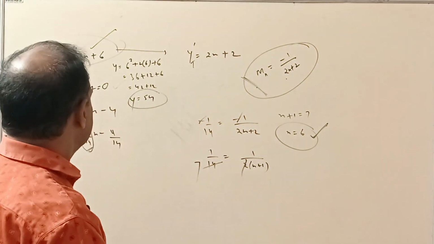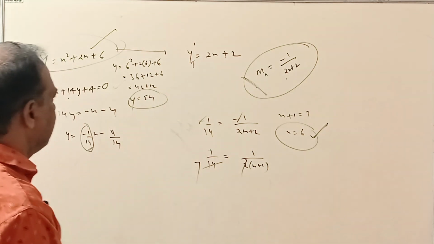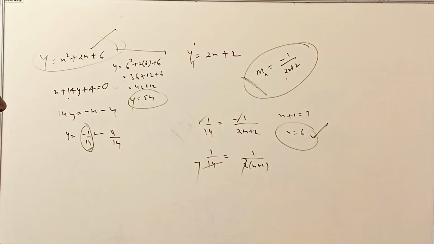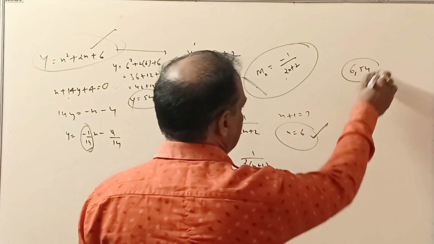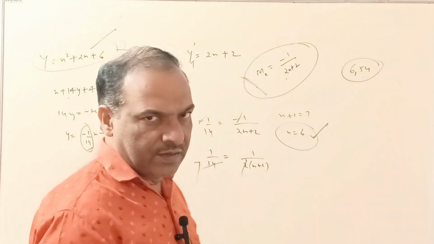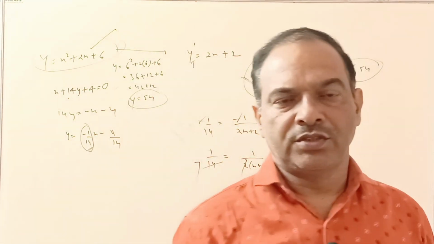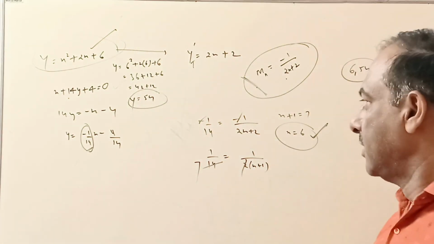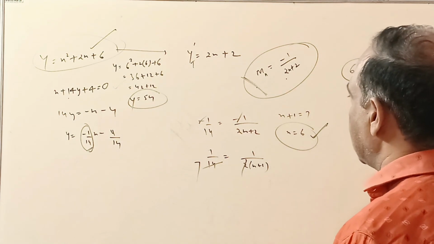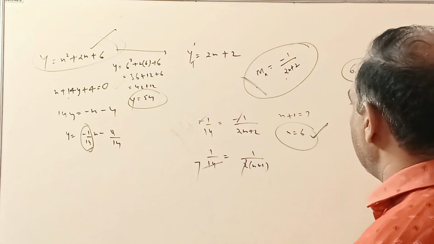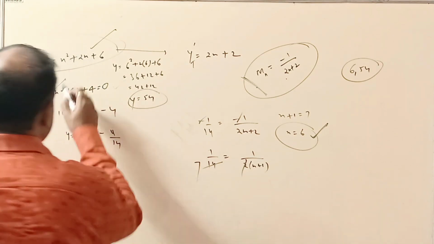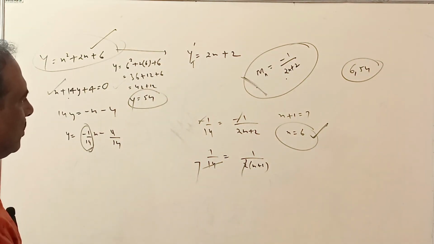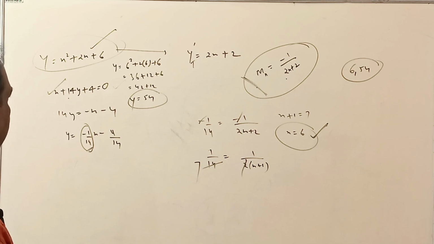It means the coordinate is (6, 54). This is the required point on the curve where the normal is drawn, and this normal is parallel to this line. Okay, clear?